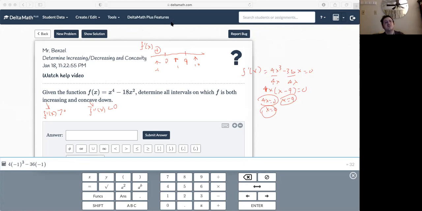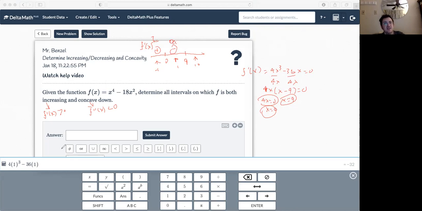And then I'm going to try out 1. When I do that, I'm going to guess that that's going to be a negative number. And it is. We get -32. So this means that we're increasing, and then between 0 and 9, we are decreasing.